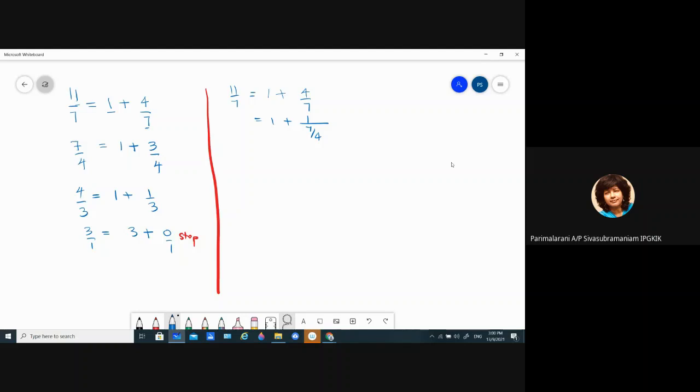So what is 7 over 4? 7 over 4 is 1 plus 3 over 4. Okay, so if I want, I can erase this here and write it 1 plus 3 over 4, correct? I'll show you all steps first.